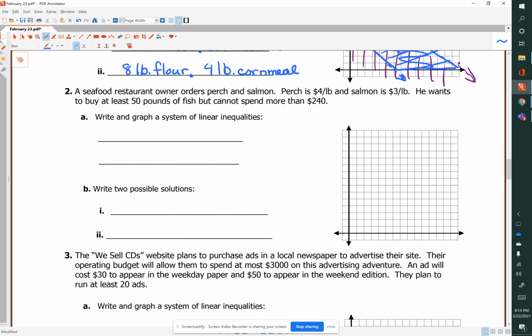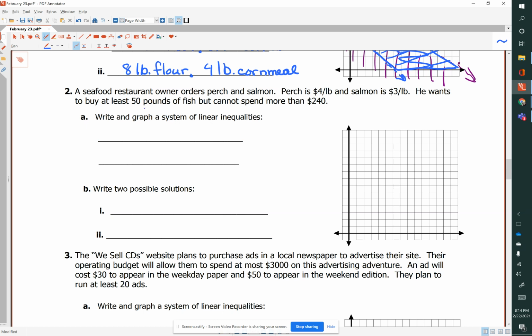A seafood restaurant owner orders perch and salmon. Those are 2 different kinds of fish. Perch is $4 a pound and salmon is $3 a pound. He wants to buy at least 50 pounds of fish, but cannot spend more than $240. So he can spend $240, just not more than $240.